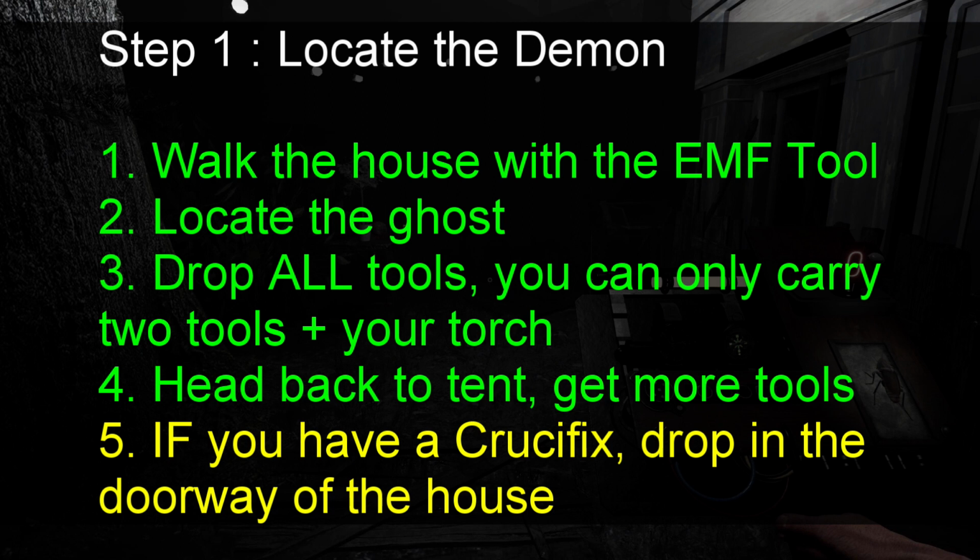If you've got a crucifix, and the job of a crucifix is to protect you in a hunt, the ghost can't kill you if it gets a hold of you. That crucifix is useless if it's outside the house and you are locked in. So job number 1, get that crucifix, put it inside the doorway of the house. That way if the doors lock in a hunt, you've got it there available to you.